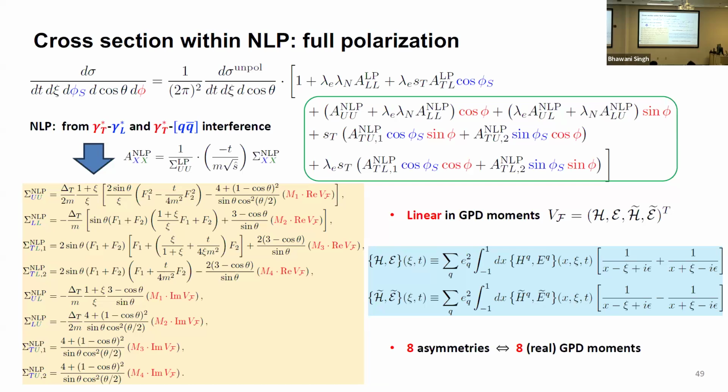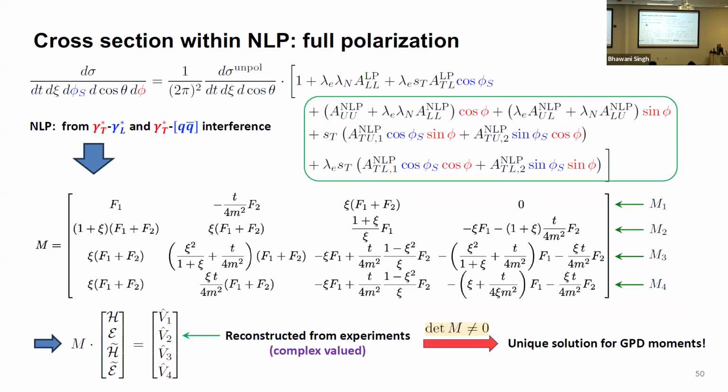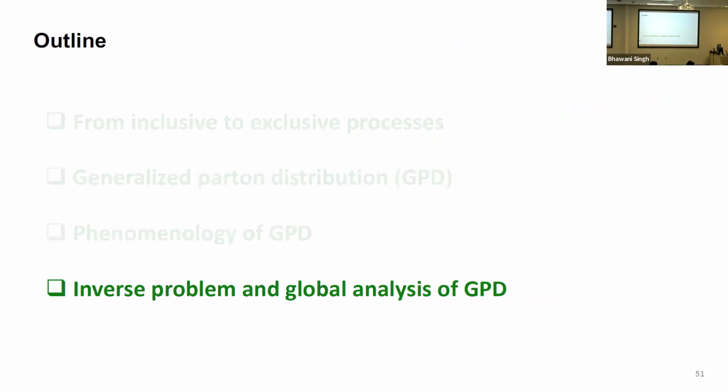So that gives in total 8 real degrees of freedom, and we have exactly 8 polarization asymmetries, and that allows us to solve that equation to completely invert the GPD convolutions from experiments. And that's all I want to say about DVCS.